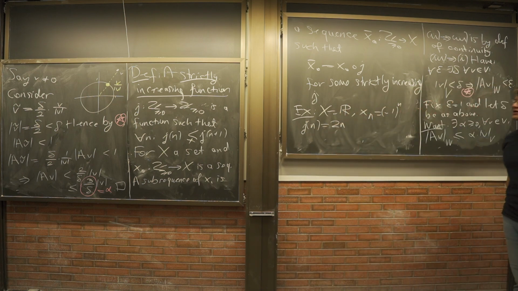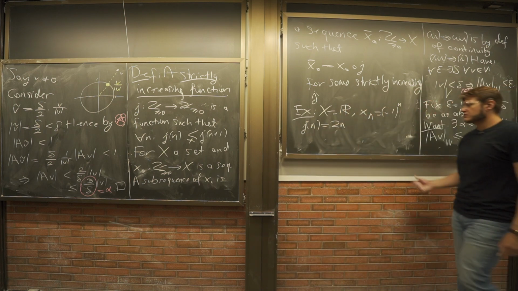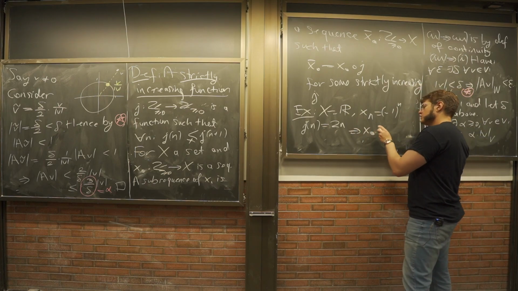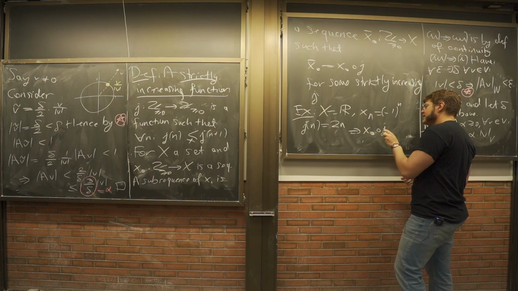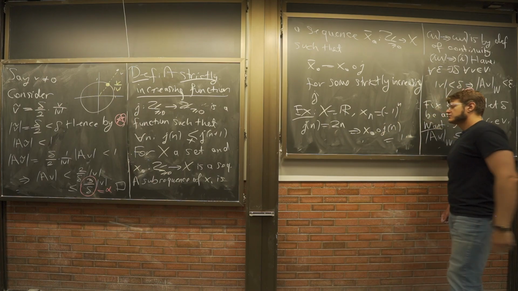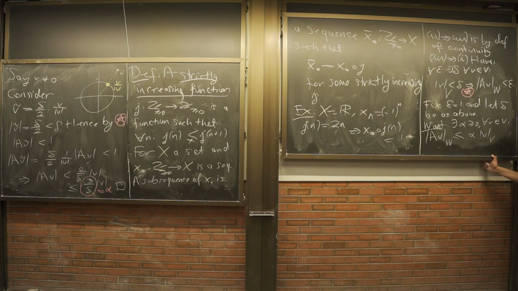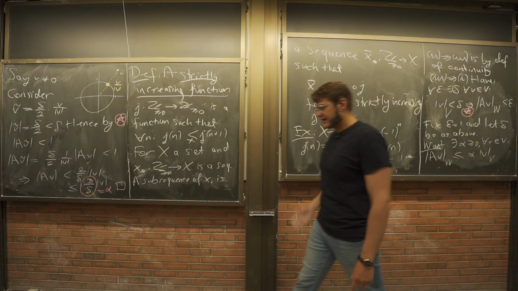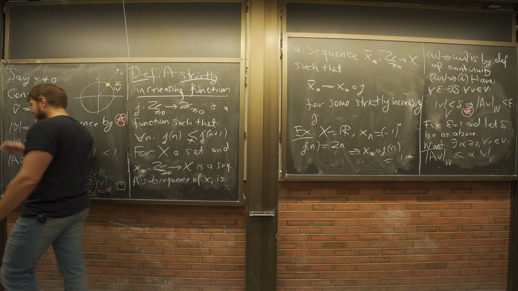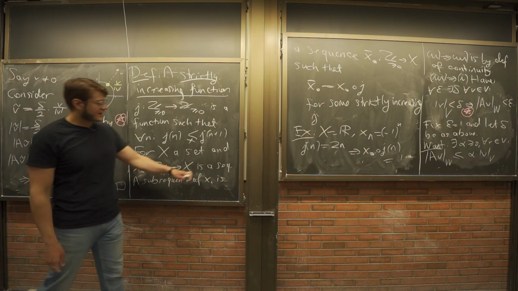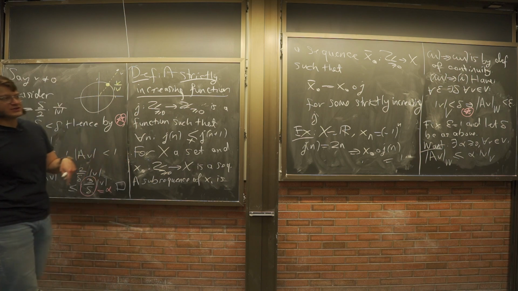X sub 2n is just 1. Composed with j of n, it is just the sequence that is constantly 1. So you're getting rid of the part of the signal that is dipping down underneath the x-axis by doing double time. This is like a time fast forward, if you want. That's how I'm imagining it.